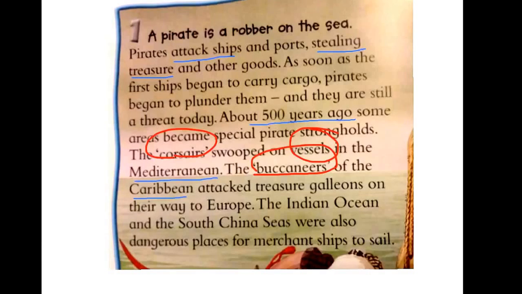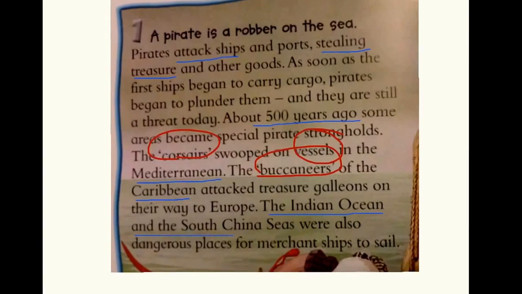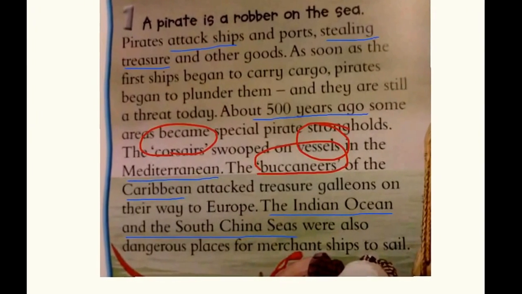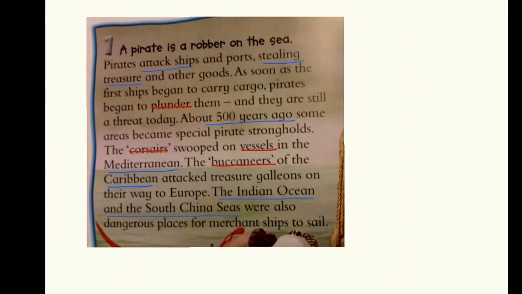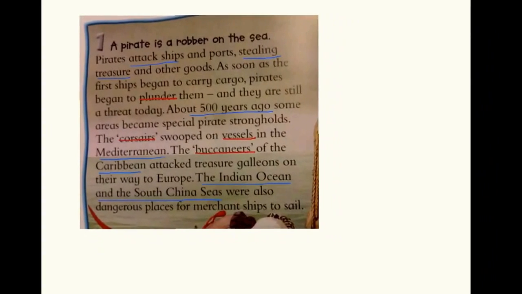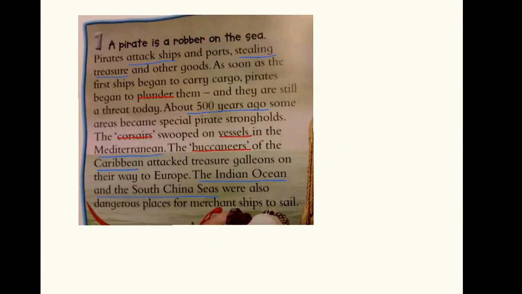We've also got that the Indian Ocean and the South China Seas were also dangerous places. So by looking at the words that we've underlined, we can notice that we've collected some information about what the pirates did. We've found out when they were doing those things and also where some of the places were that it had happened.